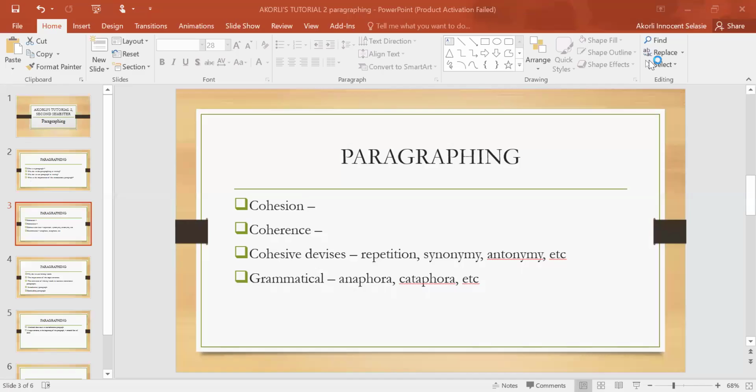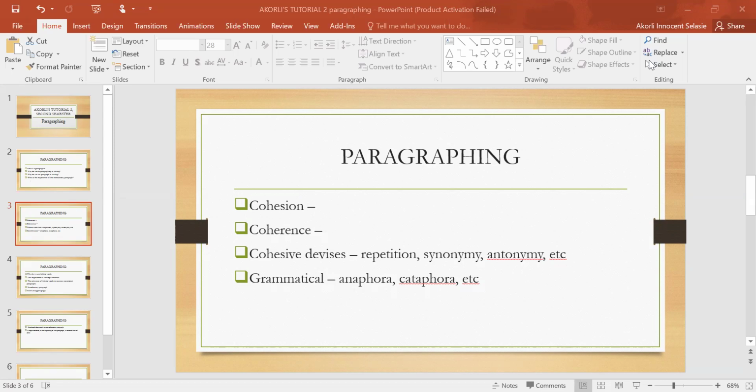So grammatical cohesion, we talk about things like substitution, ellipsis, and then the use of anaphora and cataphora, using pronouns and referring back to a name that is already mentioned.